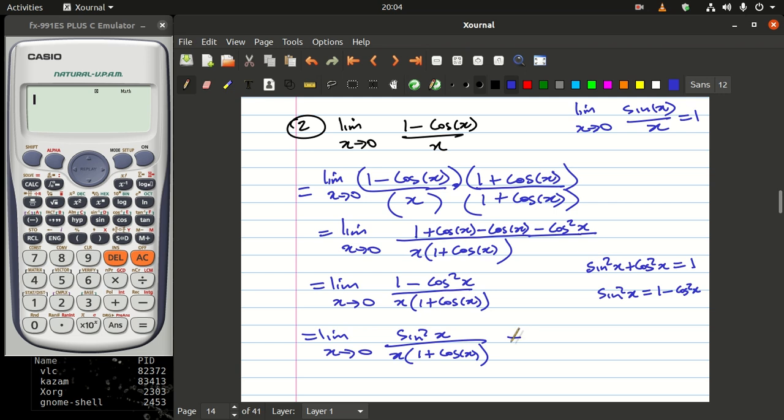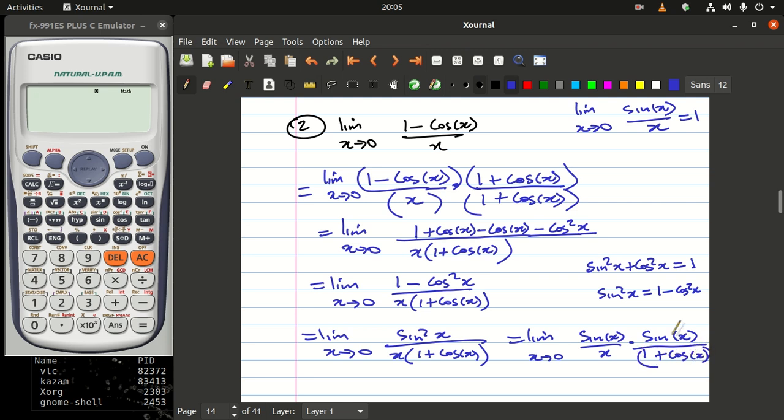Whenever you have sine squared, you have sine of x divided by this x, and then another sine of x, because sine times sine gives sine squared, and in the denominator you still have 1 plus cosine of x.